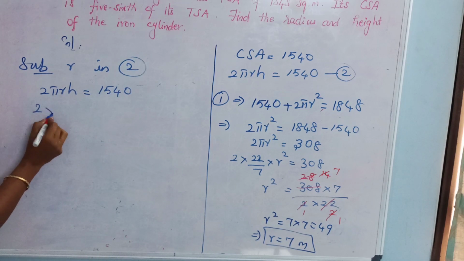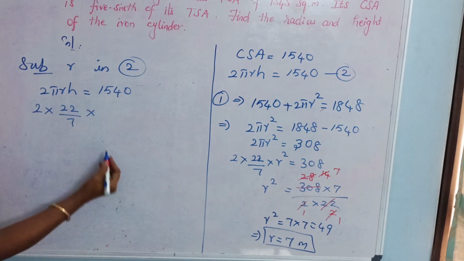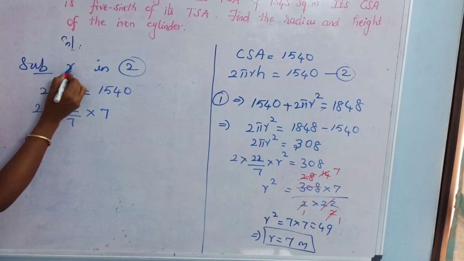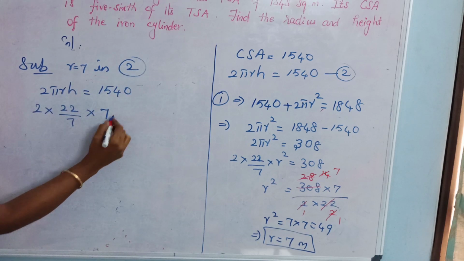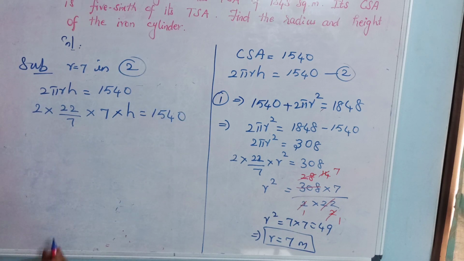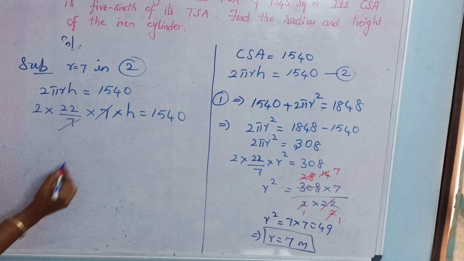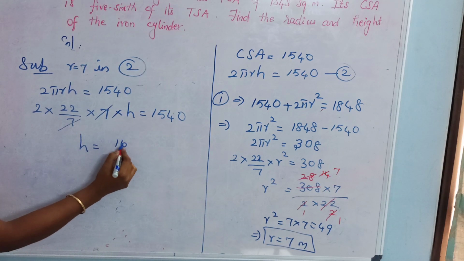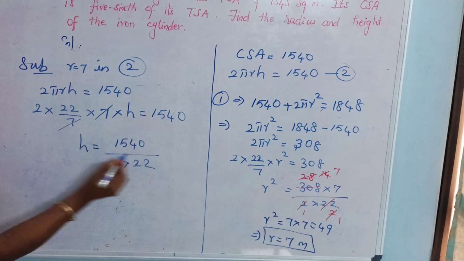So again let us substitute: 2 into pi value, which is 22/7, into r value, which is 7, into h equal to 1540. Here itself we can cancel this 7. 7 goes off. Therefore h is equal to 1540 by 2 into 22.